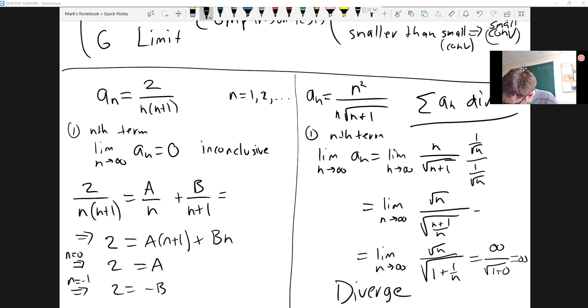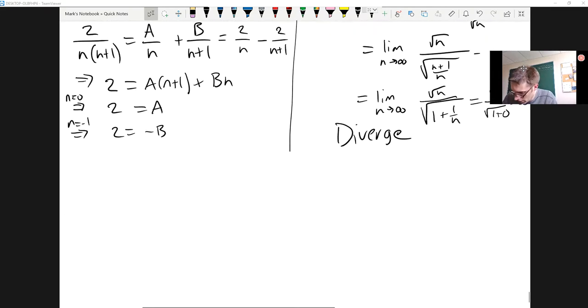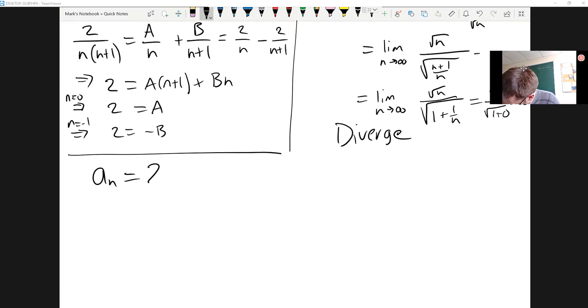This is just 2 over n minus 2 over n plus 1. And when you rewrite the terms in the series that way, it seems more plausible that we could have this telescoping phenomenon in place here. All right, so let's sort of reassess our problem. We now have 2, and I'll even factor out the 2, times 1 over n minus 1 over n plus 1.